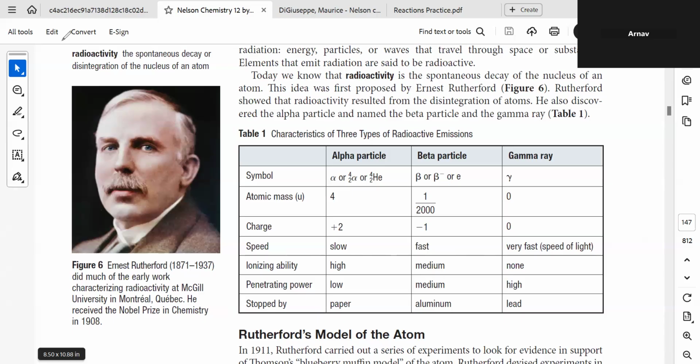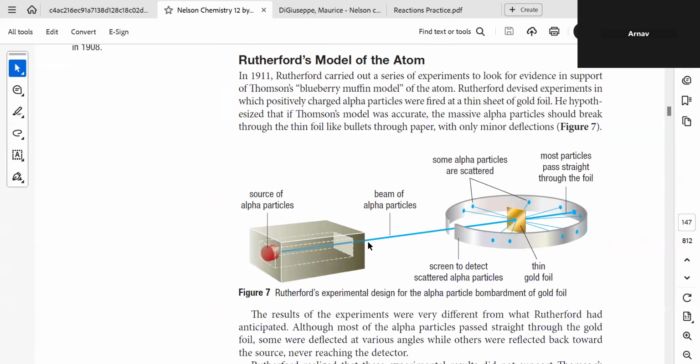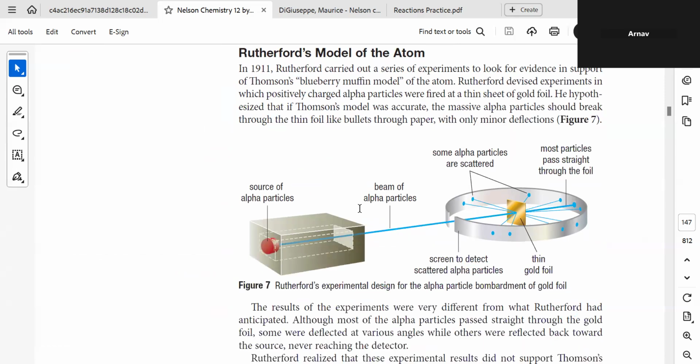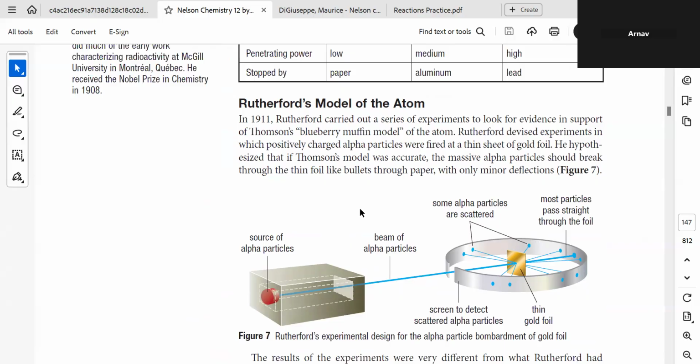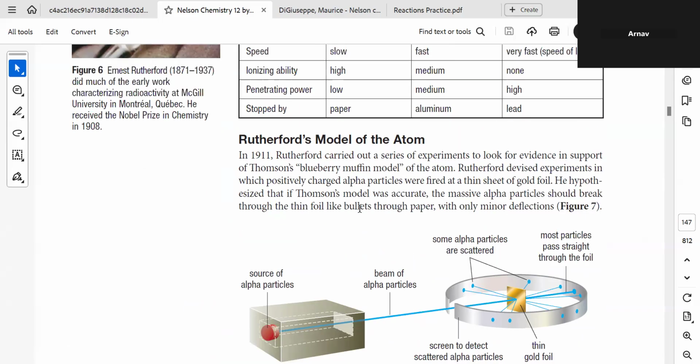Then let us come to the next, that is Rutherford's model of the atom. He used radioactivity to discover the further intricacies in an atom.